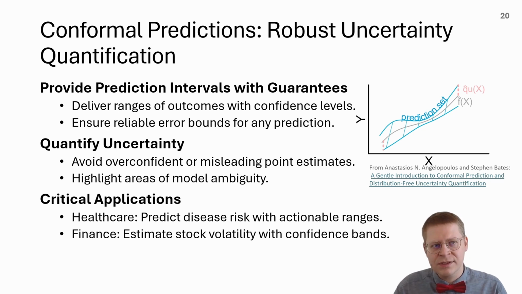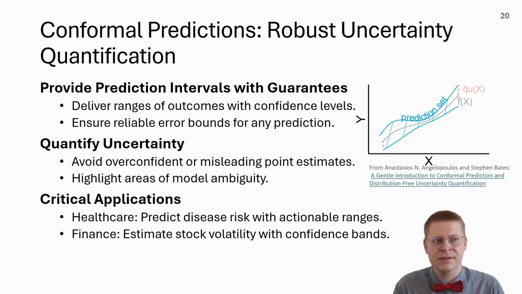For example, instead of predicting a customer's credit score at 720, it might predict a range of 700 to 740 with 95% confidence.